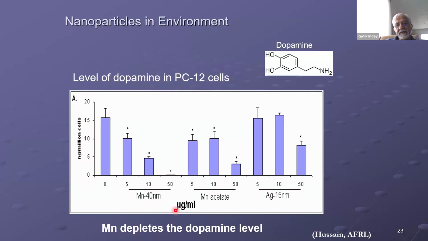For manganese, either in pure form or as manganese acetate, as he increases the concentration, the level of dopamine goes down. But with silver, it is more or less unaffected. There is some decrease, but not as much as for manganese. So his observation was that manganese depletes the dopamine level in these PC12 cells.